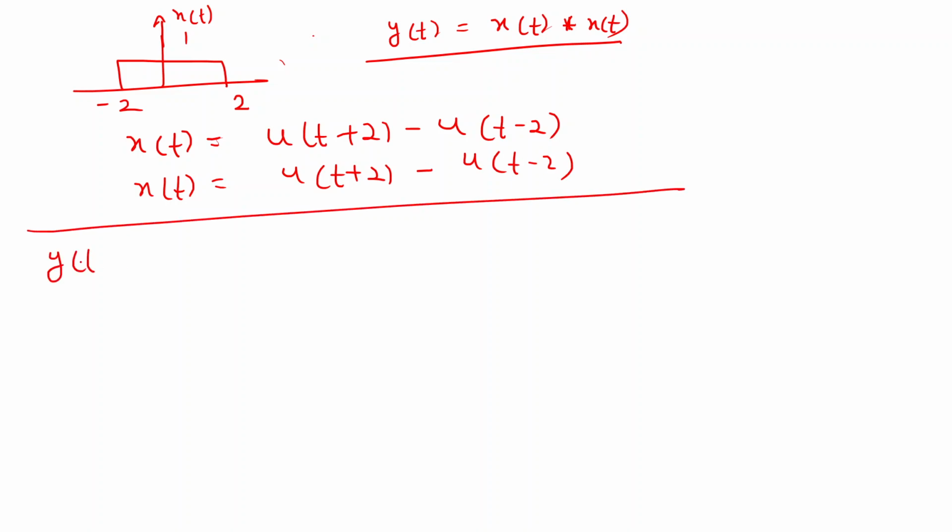So your y of t equal to, so this is 1, this is 2, this is 3 and this is 4. So multiplication means 1 should be multiplied with 3. When 1 is multiplied with 3, it becomes r of t plus 4, right? Then 1 should be multiplied with 4, so it becomes minus r of t.